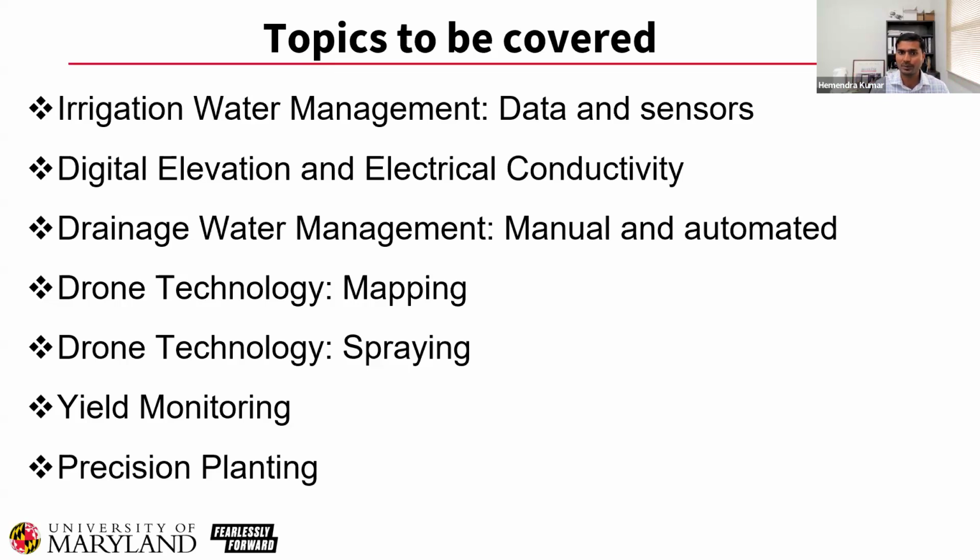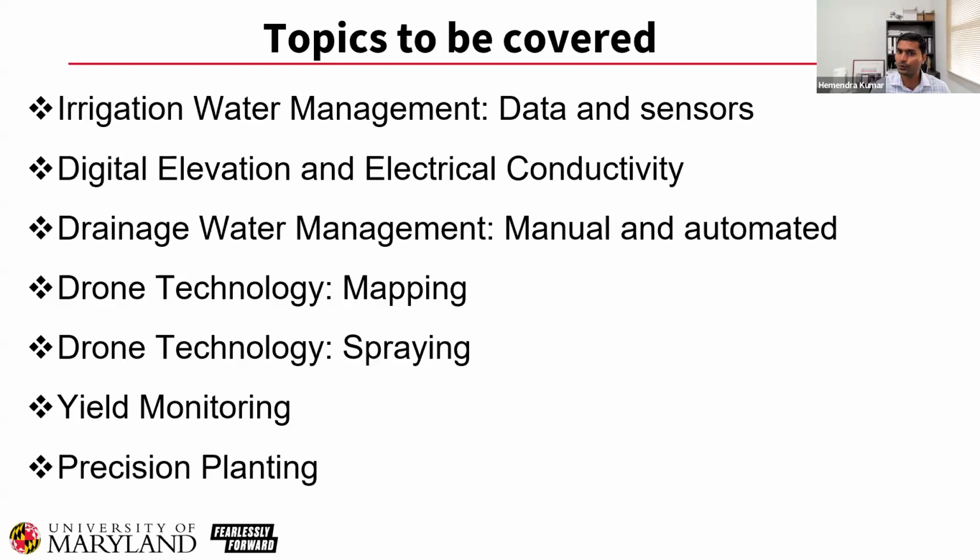Then we dive into drainage water management, another big issue with the fields. You want to irrigate your field or plant your crop, but later on you realize that there is not enough drainage in the field, which means you are dealing with some kind of water quality issues out of the field, or your field is losing water which it should not lose at the time when you have the crop.